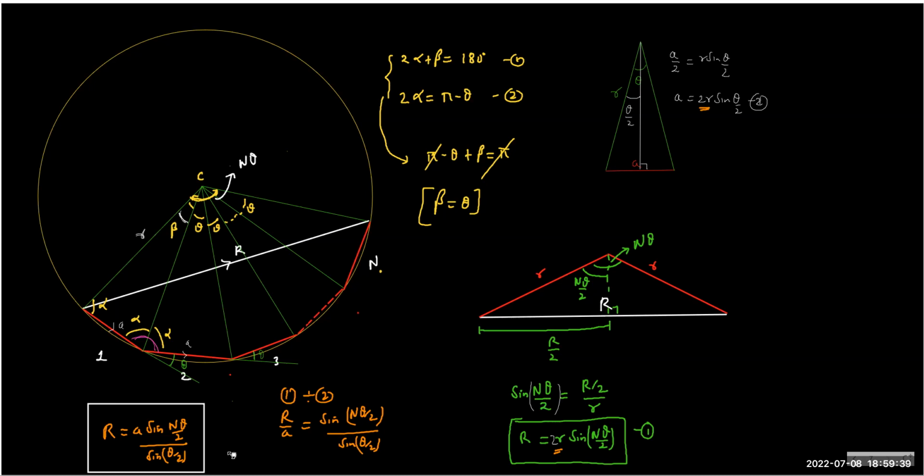So this formula gives you the resultant of n vectors in which every two consecutive vectors are equally inclined to each other, and this we can write as a into sine n theta by 2 divided by sine theta by 2.